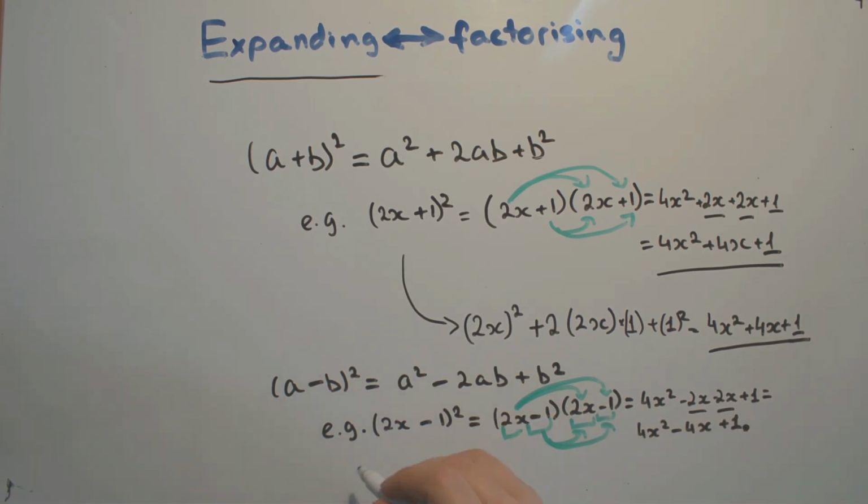And now if we use the second method, just using the formula, exactly the same as before, you have 2x all squared minus 2 times 2x and then times b, which is 1, not negative 1, and then 1 squared, so we get exactly the same answer as before.